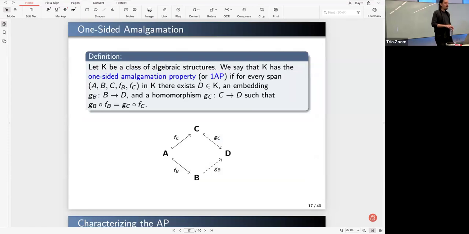Now, you can do even better. What I gave you are some sufficient conditions, okay? What I would really like is not just sufficient conditions that tell me that I can establish the amalgamation property, because I think there are many techniques for establishing that something has the amalgamation property, perhaps directly. What I would really like if I want to study something systematic is good criteria that tell me the amalgamation property fails.